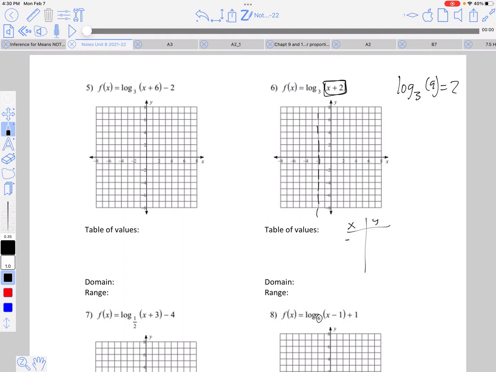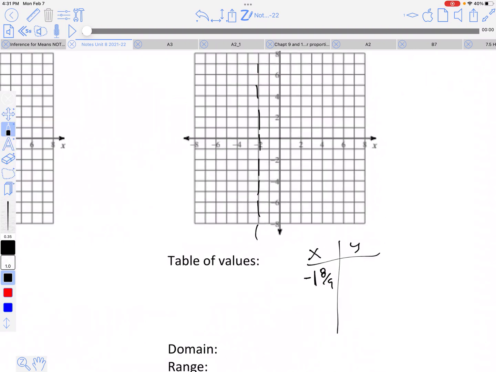Okay, so let's see. If you remember, we talked about 1/9 or 1/3. That's kind of the end goal. I want to make this 1/9 or 1/3. So I'm going to just subtract 1 and 8/9. That's going to be really close to the asymptote.